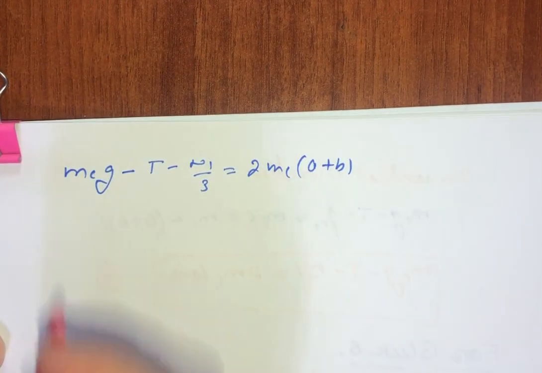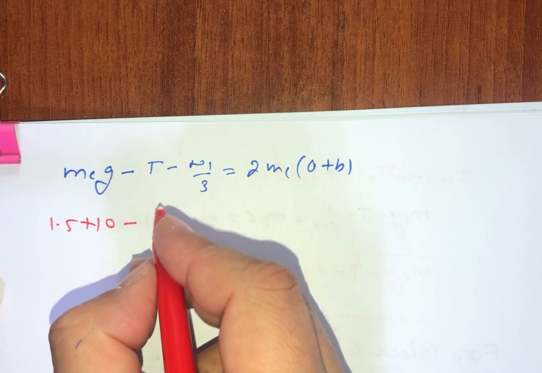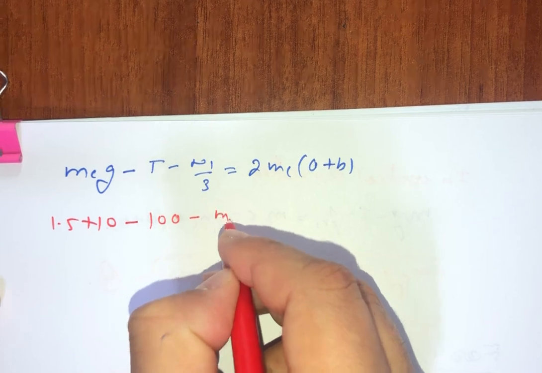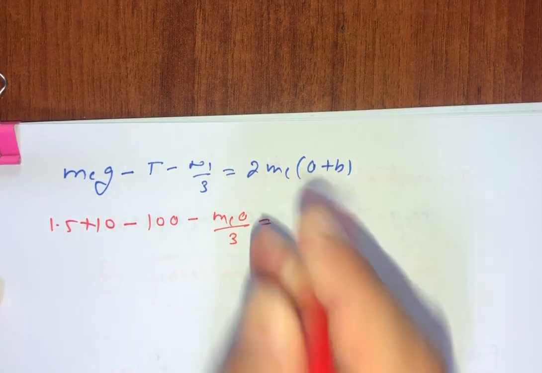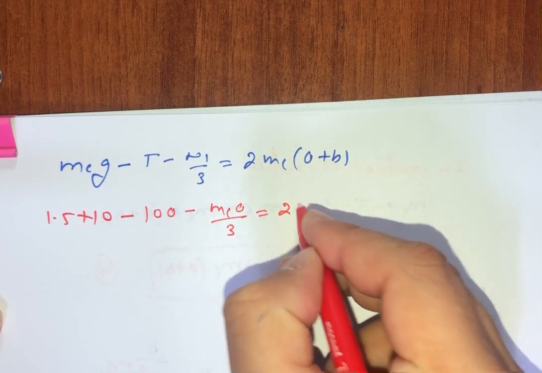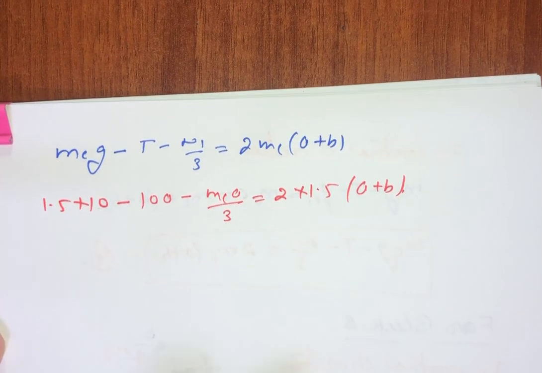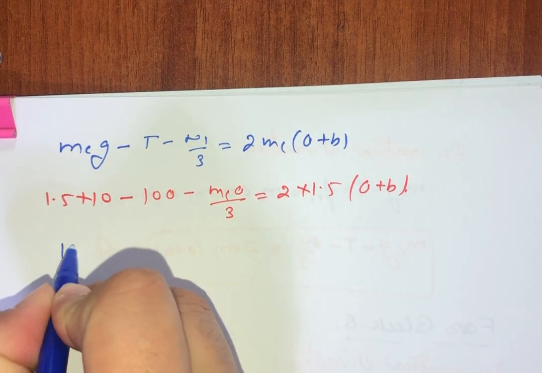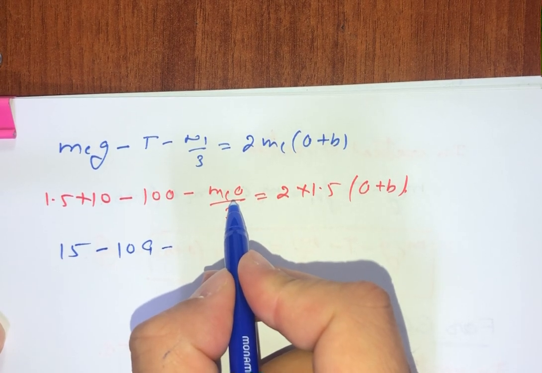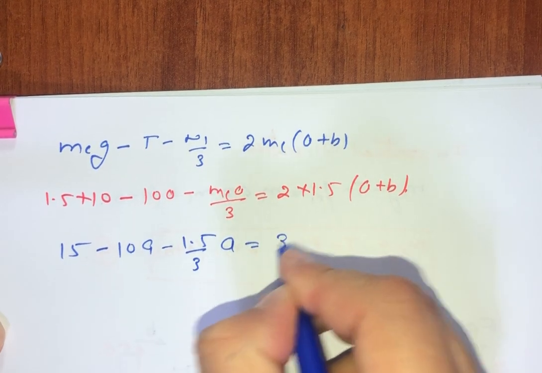So we get 1.5 into 10 minus T, which is 10a, minus N1, which is mC a divided by 3, is equal to twice mC, that is 1.5, times (a plus b). So we are going to get 15 minus 10a minus 1.5 divided by 3, a is equal to 3 times (a plus b).